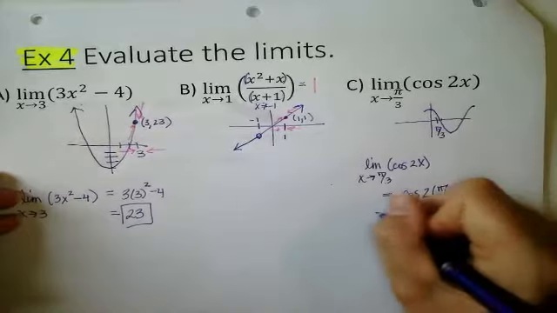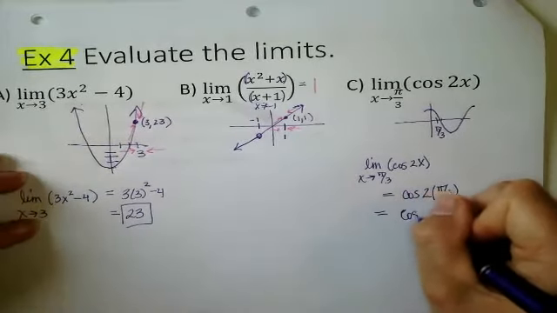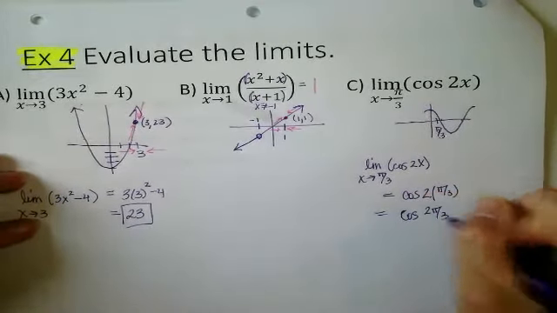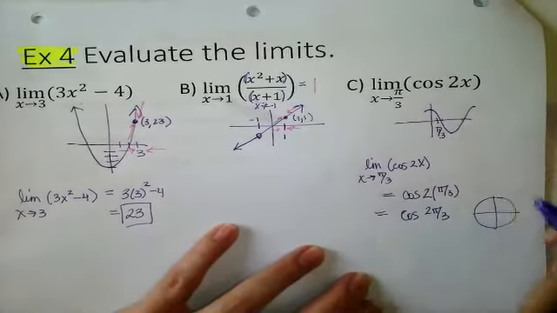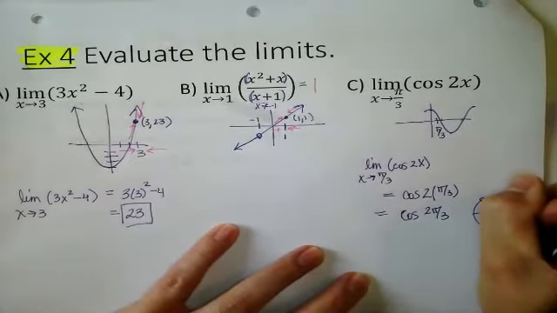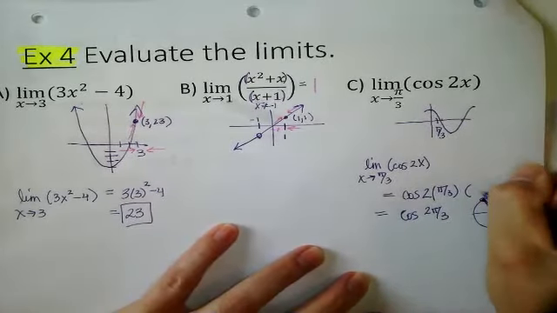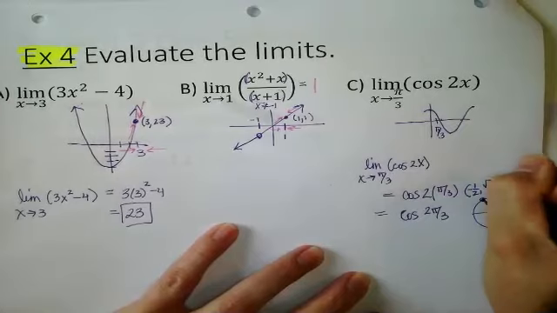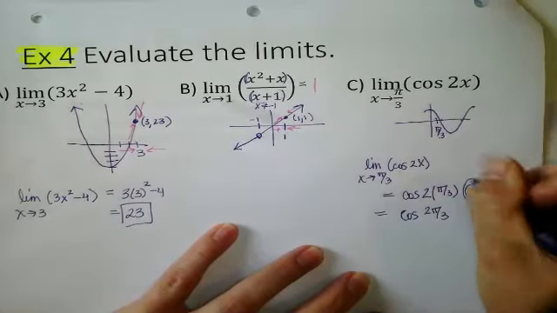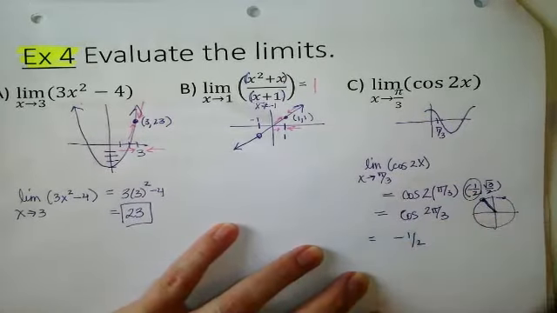And you could use your calculator if you wanted to, but cosine of 2 pi over 3, looking at your unit circle, 1 pi over 3, 2 pi over 3 is right here. And that ordered pair, short leg, long leg, -1/2, radical 3 over 2. Here is the cosine value, -1/2.